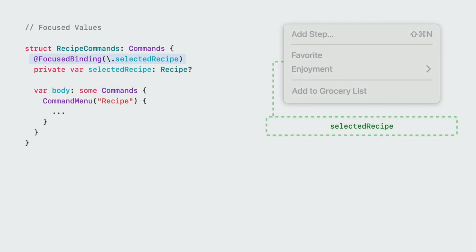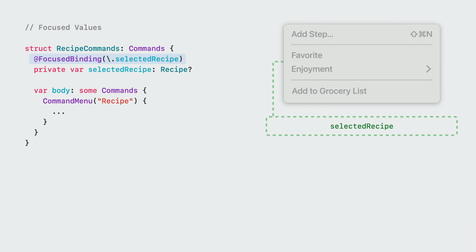As with environment values, you access your focused values by declaring a dynamic property. In this example, my focused value is a binding, so I use the focused binding property wrapper and provide it with my custom key path. Focused binding looks at the focused view and its ancestors to see if there's currently a binding associated with the key.